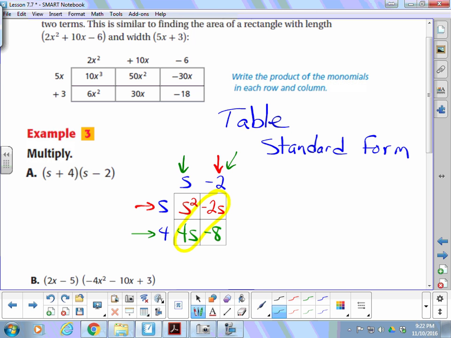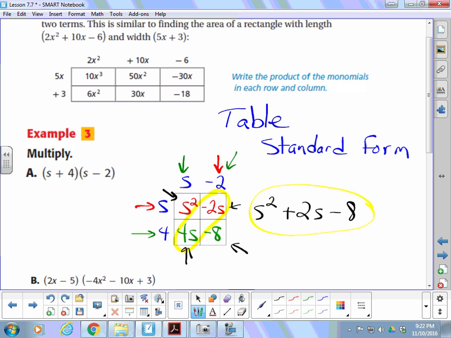So my answer is s squared here, and then this diagonal with 4s and negative 2s, and I put them together. 4s minus 2s gives me a positive 2s, and then the last thing is this corner in my box, which is negative 8. So when I multiply s plus 4 times s minus 2, we get s squared plus 2s minus 8, and that's using the table method.